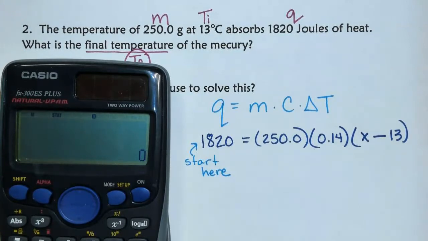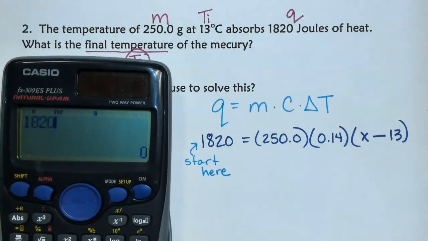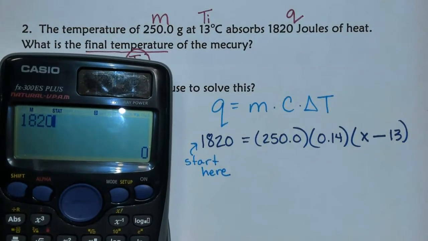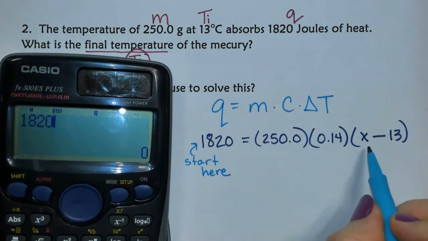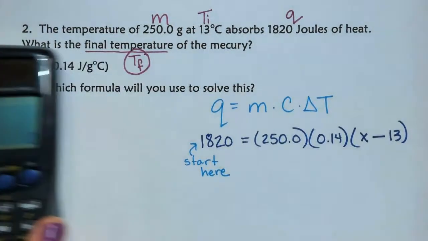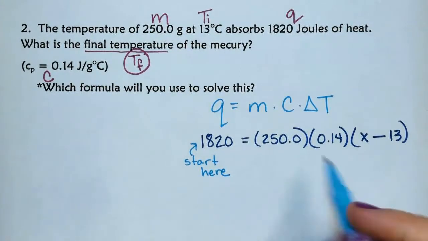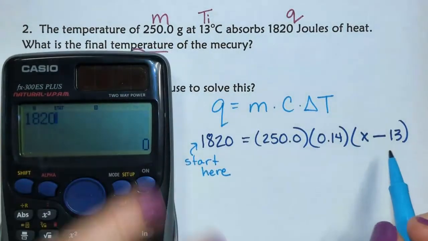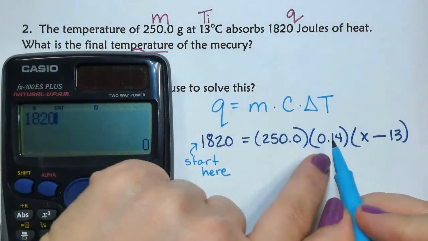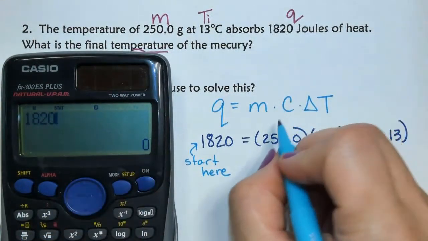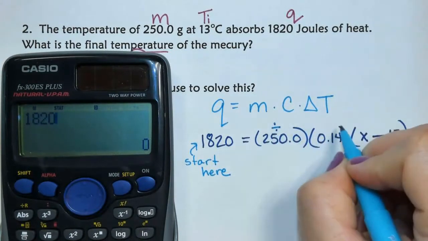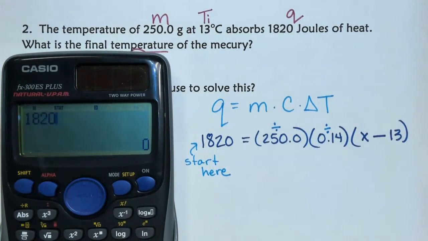So I'm going to type in my 1820 in the calculator. So there's my 1820. Now this side has the X right there. So we are going to do the opposite math operation of everything on this side of the equation. Since this is 250 times 0.14, that means I'm going to divide by 250 and I'm going to divide by 0.14.